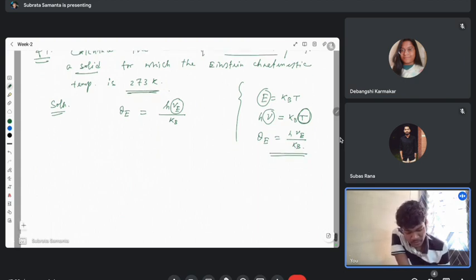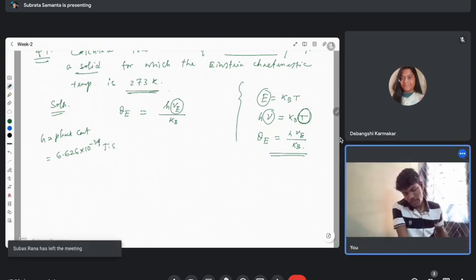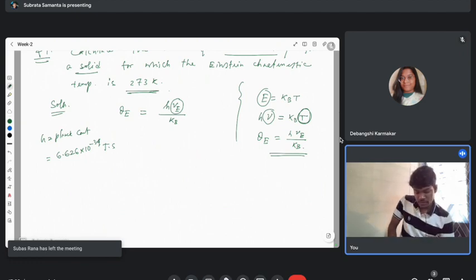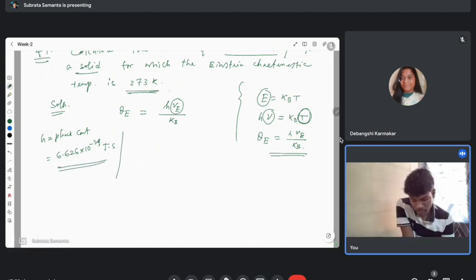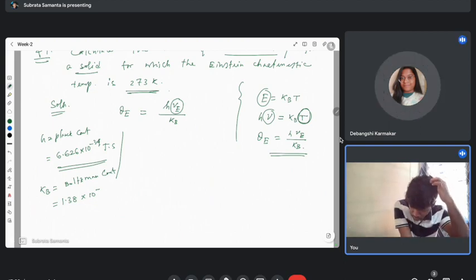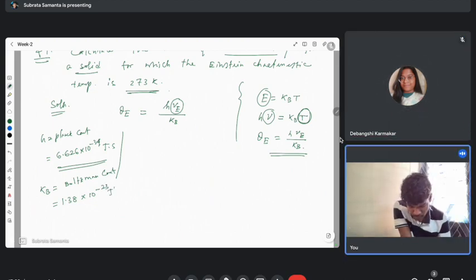The Planck constant h is 6.626 times 10 to the power minus 34 joule second. And k_B is the Boltzmann constant, 1.38 times 10 to the power minus 23 joule per Kelvin.